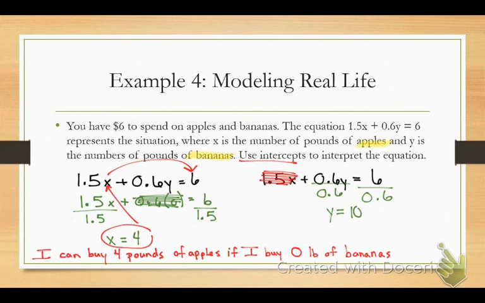Okay. So now go over here to the bananas. You said 10 pounds of bananas. So look here. How much is it per pound? 60 cents. So think about it in dollars. 60 cents times 10 is $6. So you spent all your money, all $6, on 10 pounds of bananas.